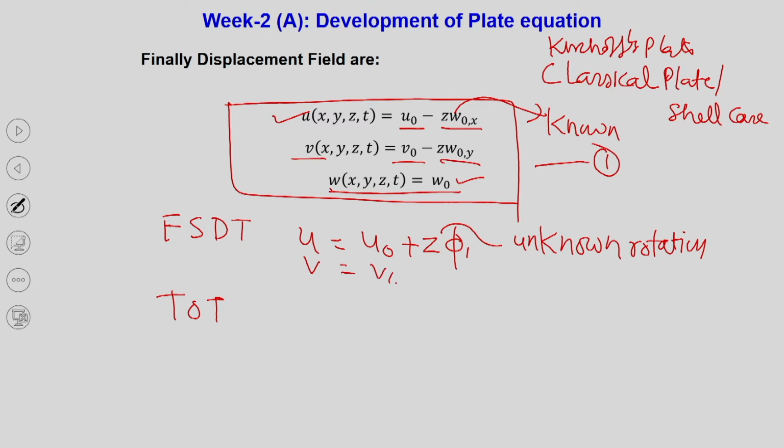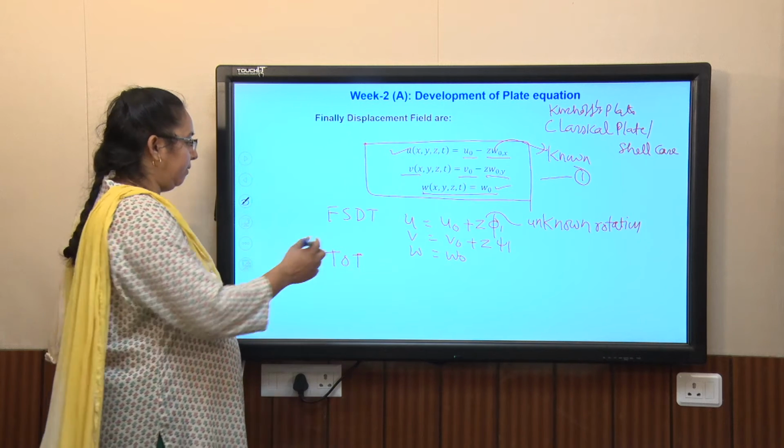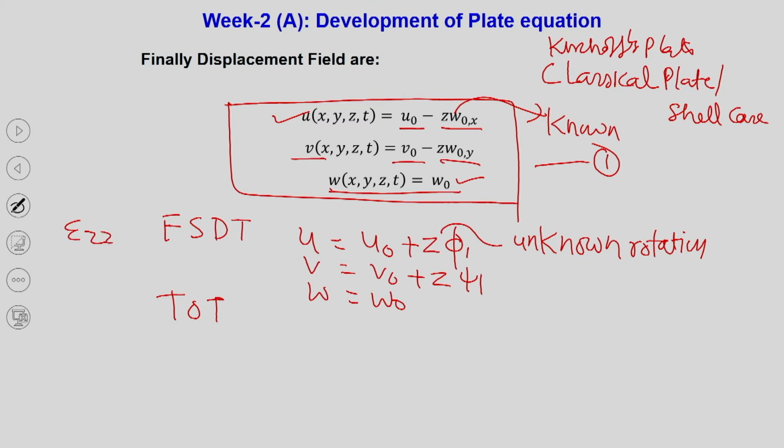V will be v naught plus z times, you may say, psi 1, and w is w naught. So, this will be the first order shear deformation theory. In the assumptions in first order, epsilon z is 0, but gamma yz and gamma zx are not equal to 0, that is, the shear strains are not 0.